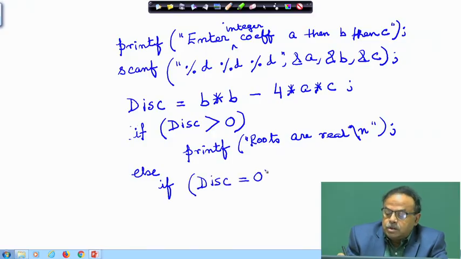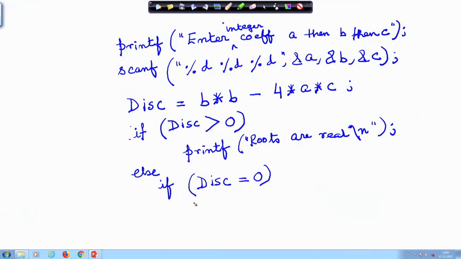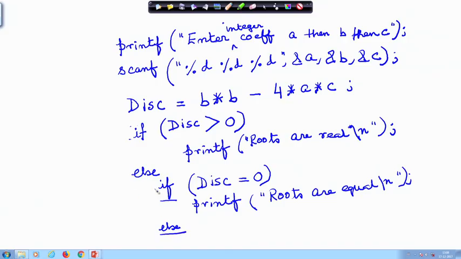discriminant is equal to 0, printf roots are equal, backslash n. Else, now this else comes under this if.